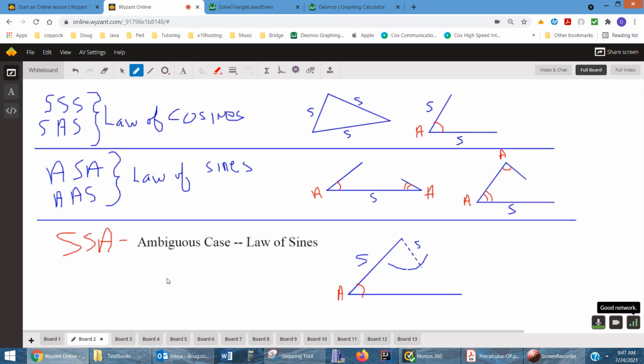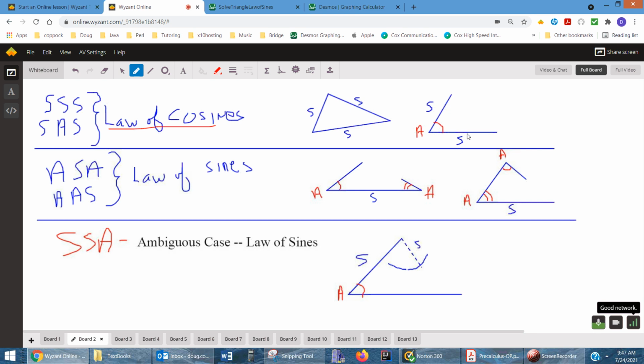All right, and then a little review here. When you're solving a triangle, you're basically given three pieces of information, and you're supposed to solve for the remaining pieces. So, for example, if you're given three sides, then you want to find three angles, and you can do that with the law of cosines, which is another video.